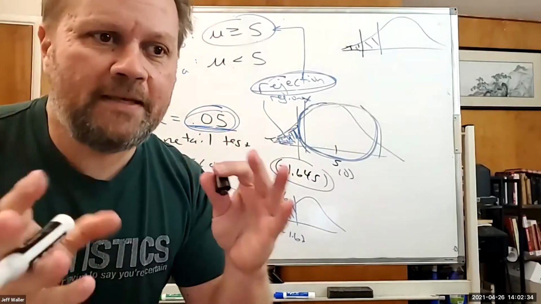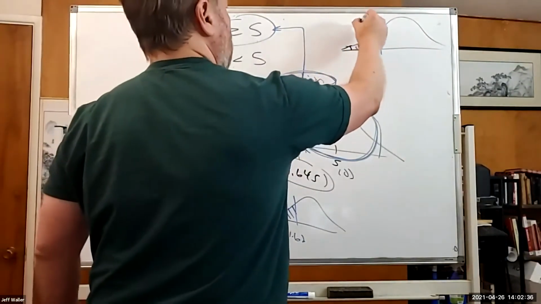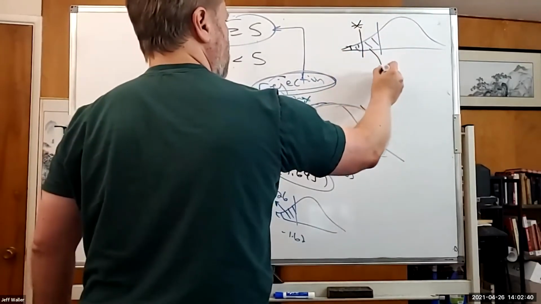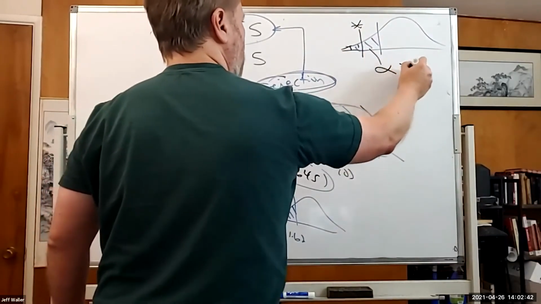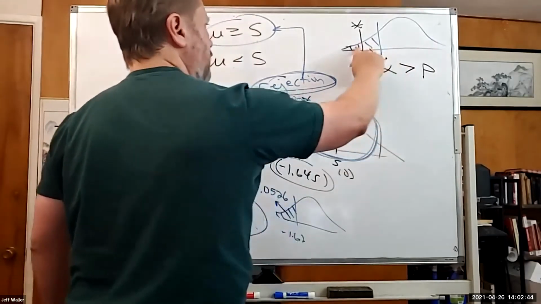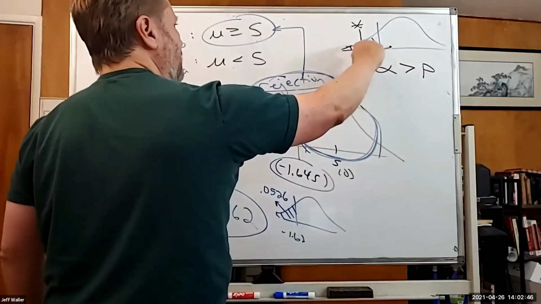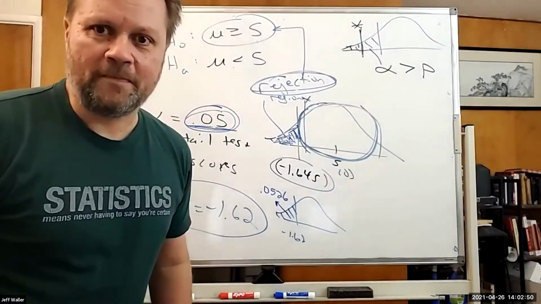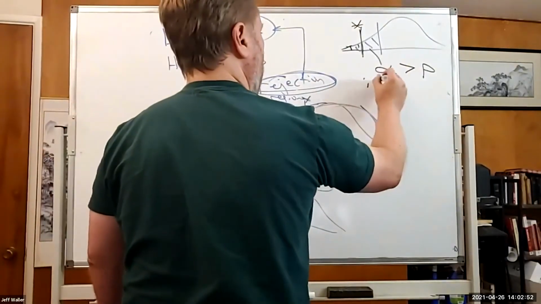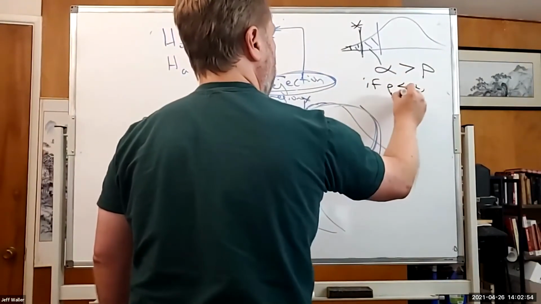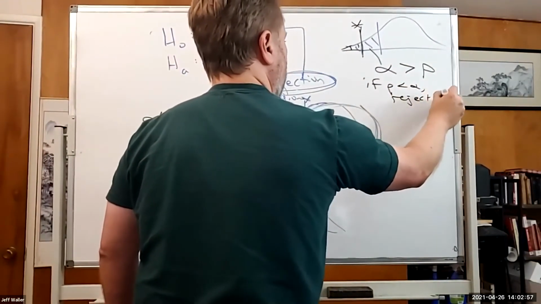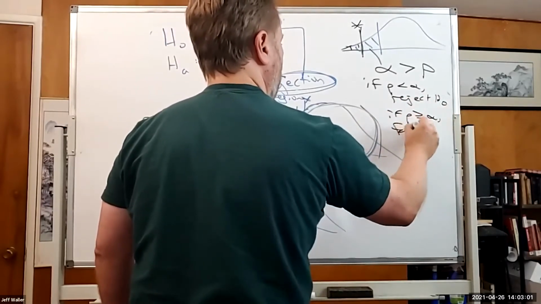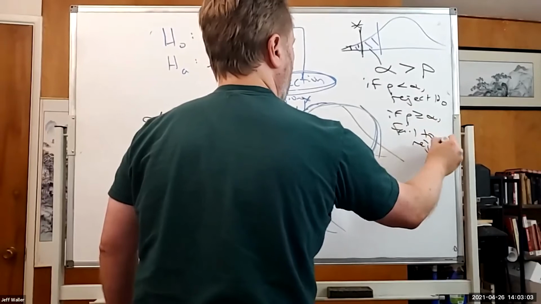Doesn't it just make sense that, so here's my z star, if my rejection area tail, that's alpha, is bigger than my p-value tail, didn't my sample get into the rejection region? So let me write this the other way. If p is less than alpha, reject H naught. If p is at least alpha, fail to reject the null.